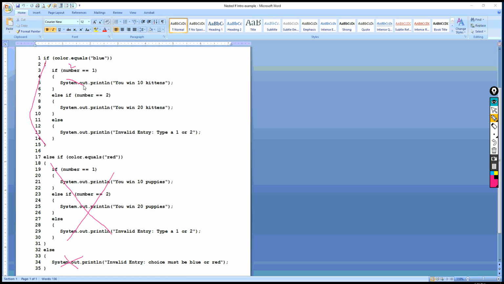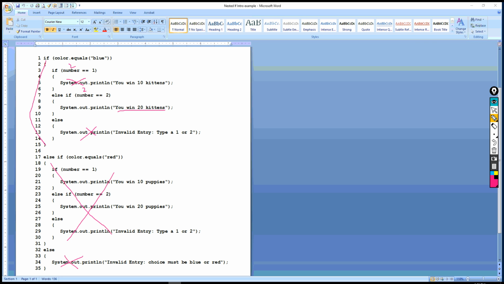Well, nope. So that if clause in the nested if else is ignored. And then does 2 equal 2? Yes. So it's going to execute the else if clause, so it's going to print you win 20 kittens, and it's going to ignore the else clause of the nested if else. All right, so you can see all these things that are ignored.